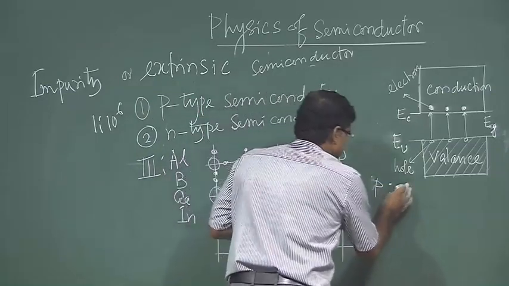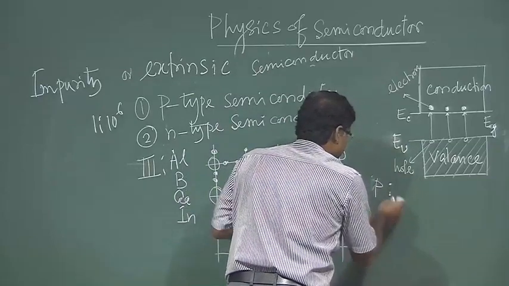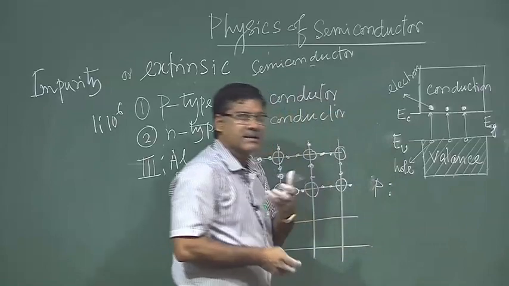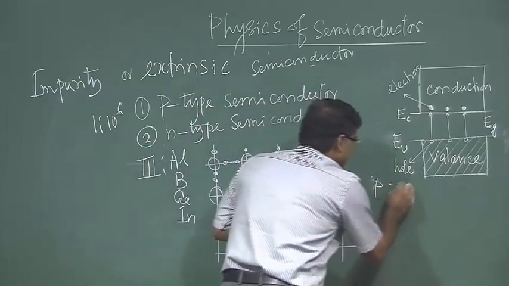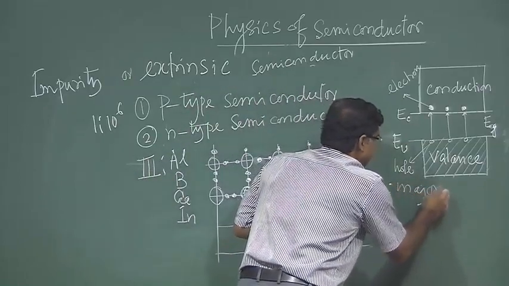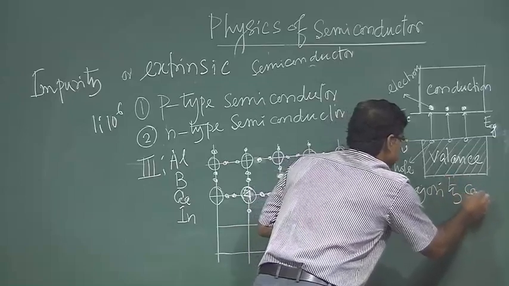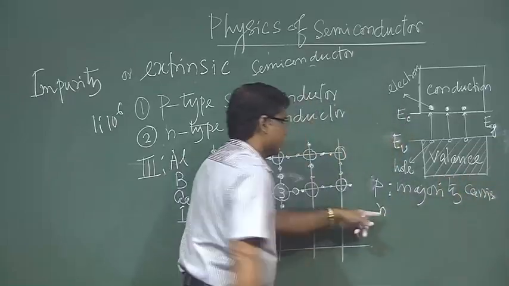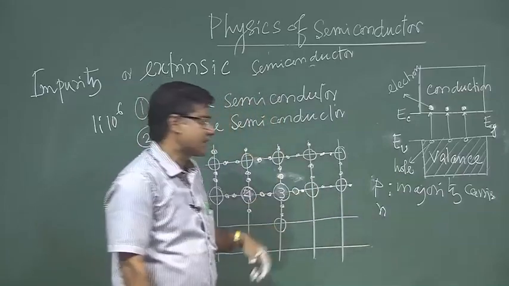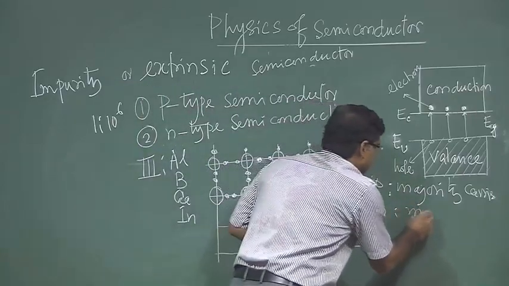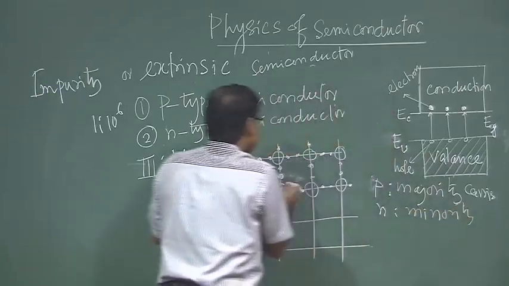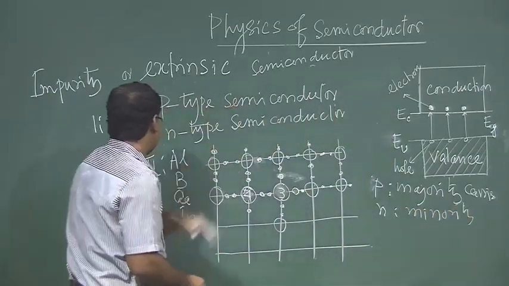That is why in this system the majority carrier is the hole, and the electrons that are there are called minority carriers. This type of semiconductor is called a p type semiconductor.